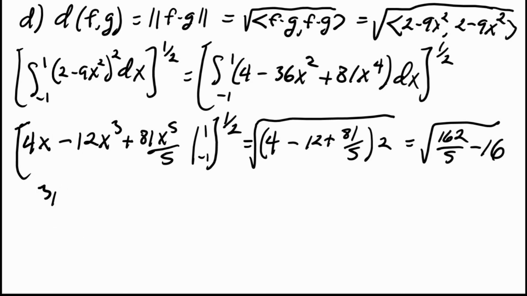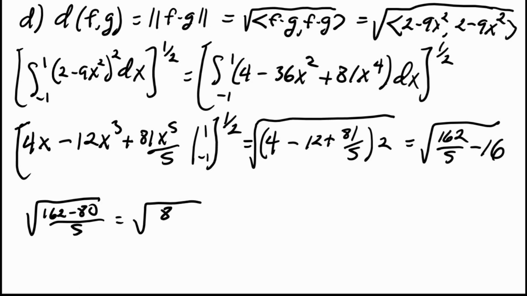That's what I thought, just want to be sure. So it gives us the square root of (162 minus 80) all over 5, and that gives us 82 over 5. So the square root of 82 over 5.